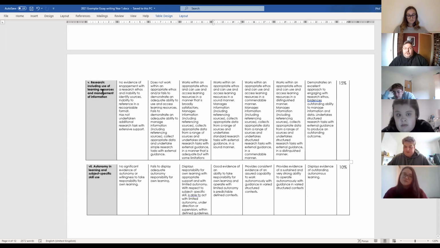Next is the amount of good quality research you do. Is it a varied amount of research, of books and musical sheet music or websites or YouTube channels, etc.? I want to see a good list of a variety of sources, not just a load of videos or a load of websites.